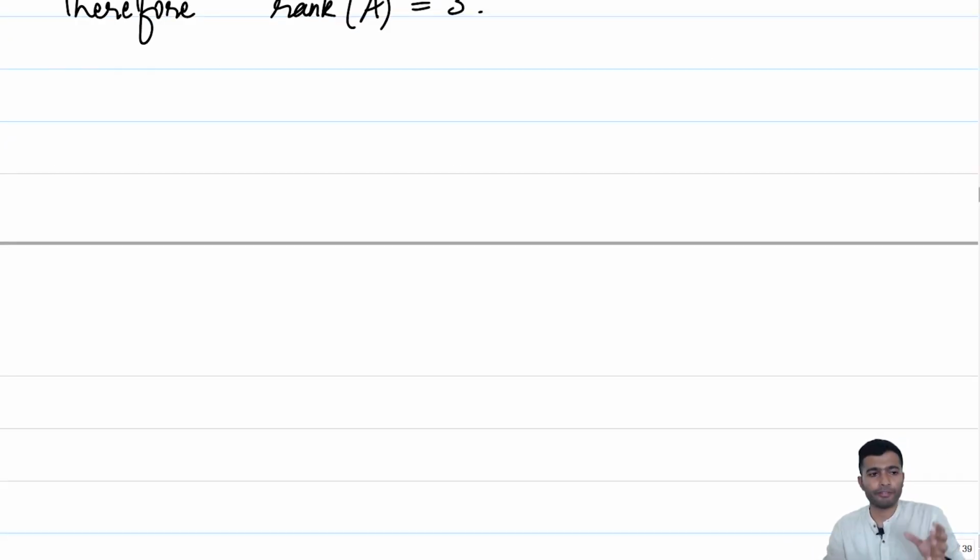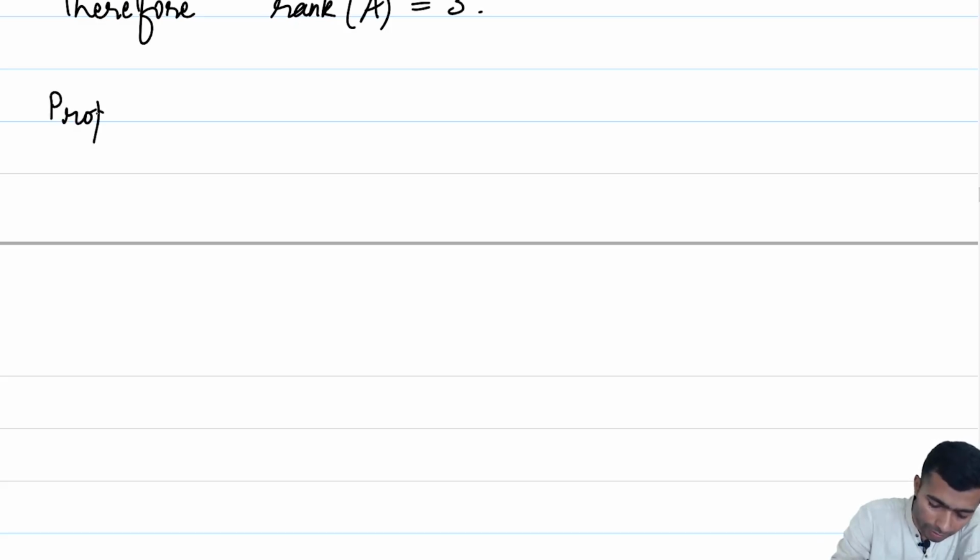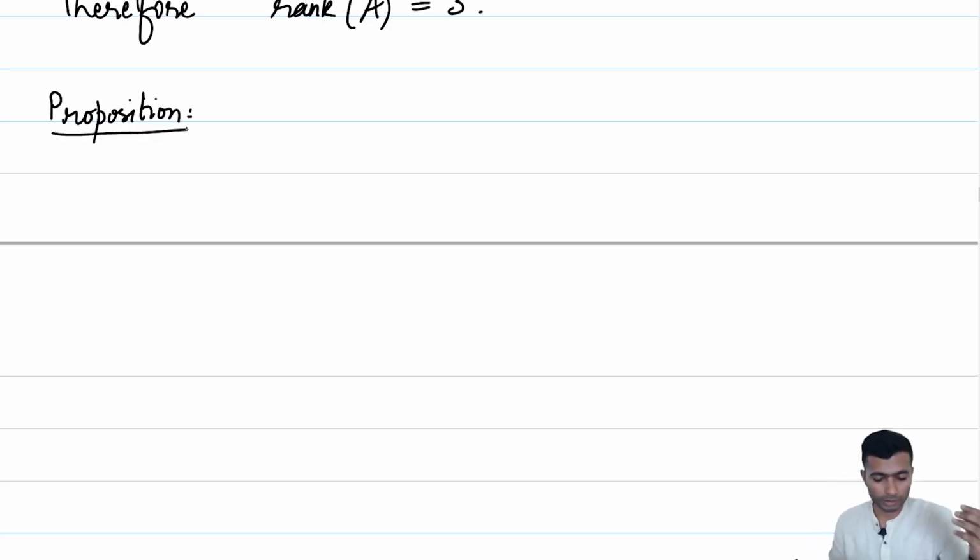We noticed that if we compose a linear transformation with an invertible linear map to the left or to the right, the rank of the composition does not change. A similar property holds for matrices. Let me write it down as a proposition. This will just follow from the case we have proved for linear transformations.